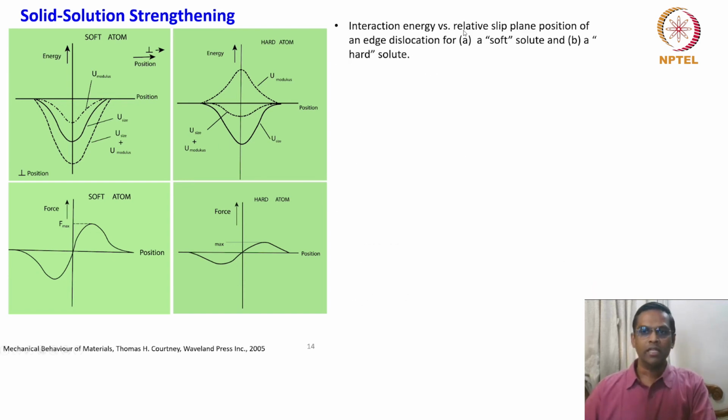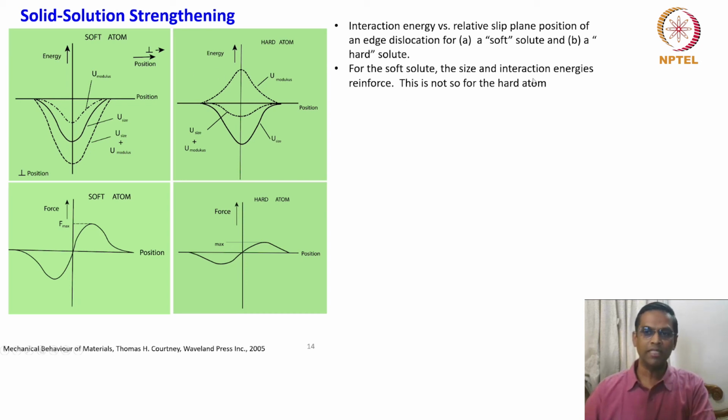The interaction energy versus relative slip plane position of an edge dislocation is shown for a soft solute and a hard solute. For the soft solute, the size and modulus interaction energy is reinforced. This is not the case for the hard atom, so it is quite different.